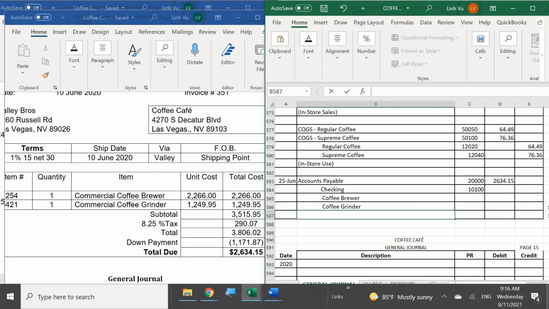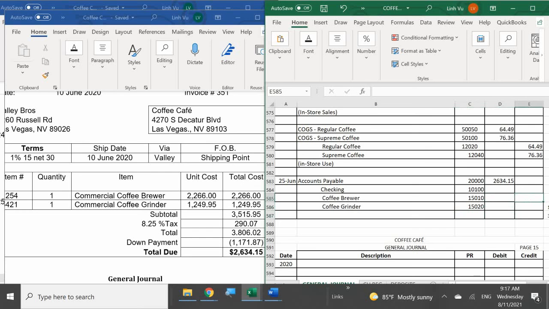Accounts payable, checking. So in this case, what is my coffee brewer account? And my coffee grinder, is it 20? 15020, yes.